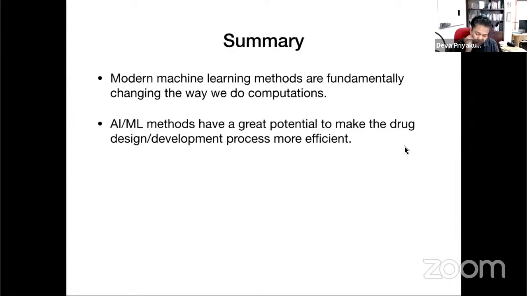As I showed in some examples, AI/ML methods have great potential to make the whole process of drug discovery and development very efficient.